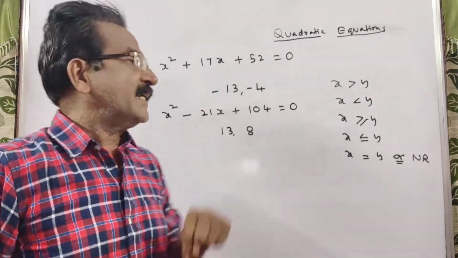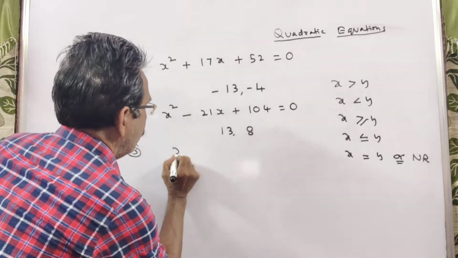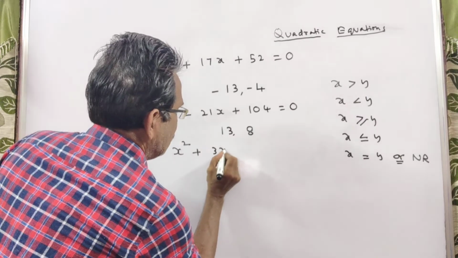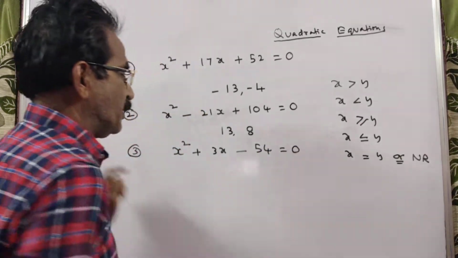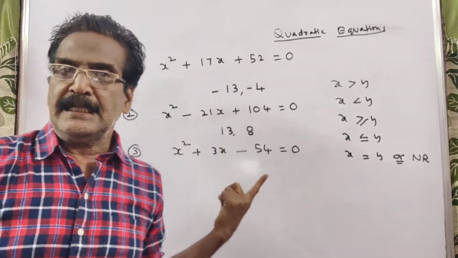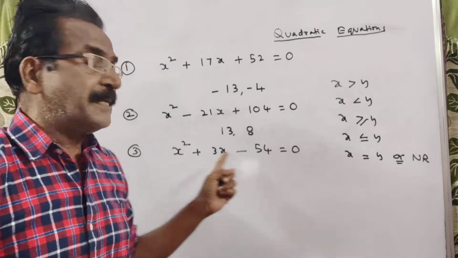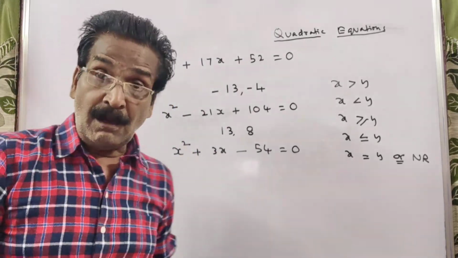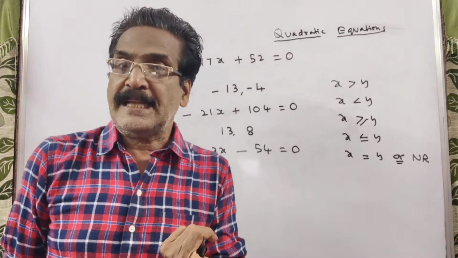Okay friends, let us see the third case. X square plus 3x minus 54 is equal to 0. This is a third type. All A, B, C are not positive, nor do B and A, C have opposite signs.